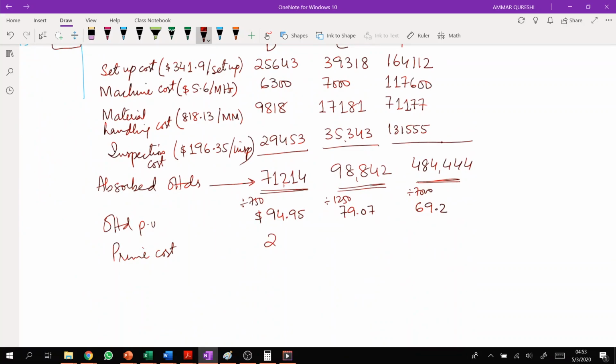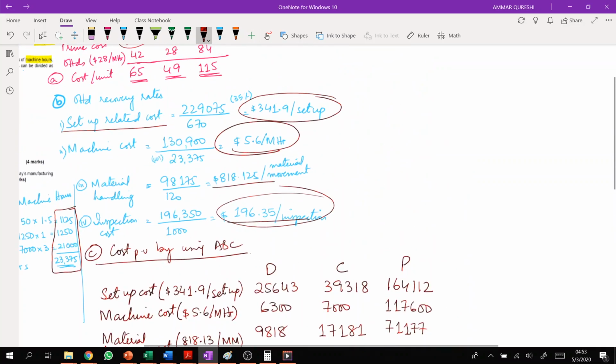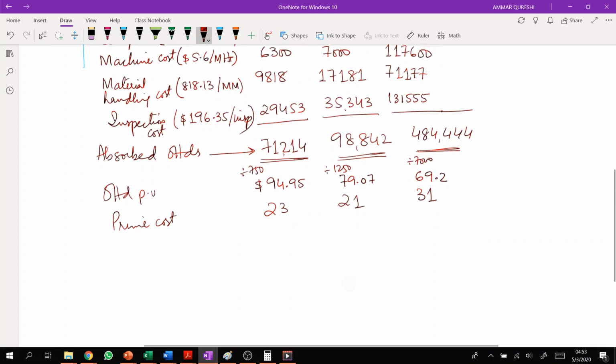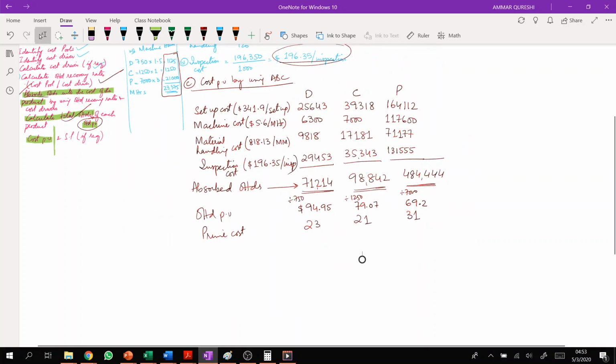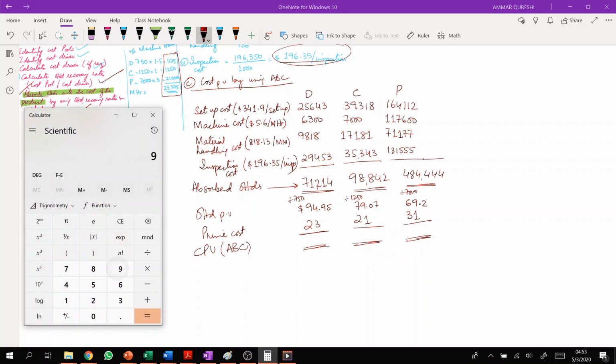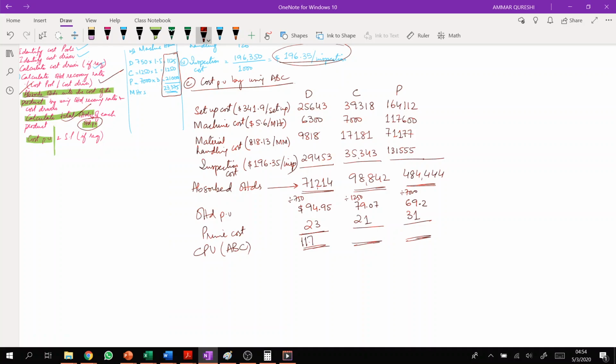So 23, 21, and 31. I think it was 21. Yeah. So what will be the cost per unit in this case now? Cost per unit by using activity based costing principle is 94.95 plus 23, that makes 117.95, right?